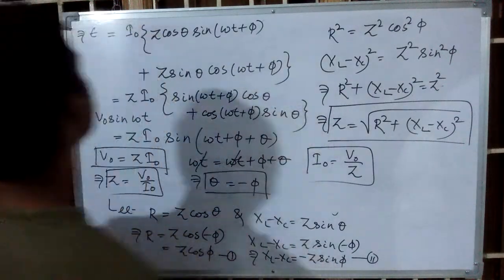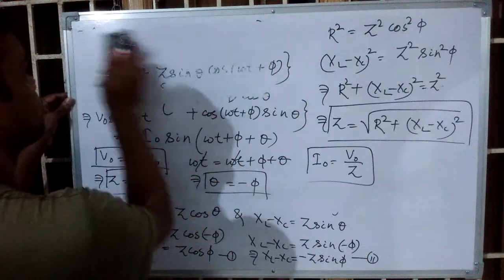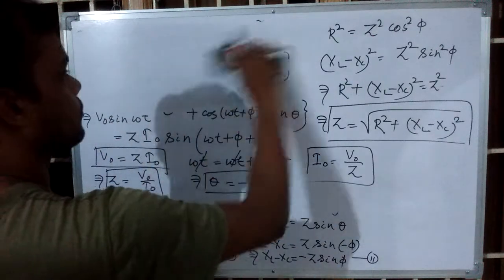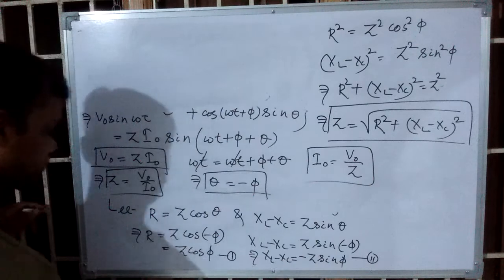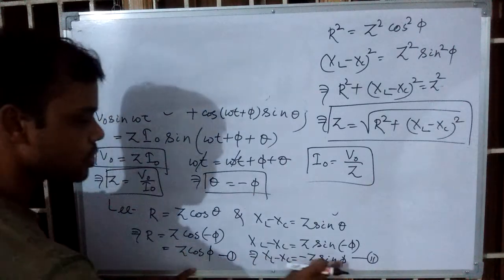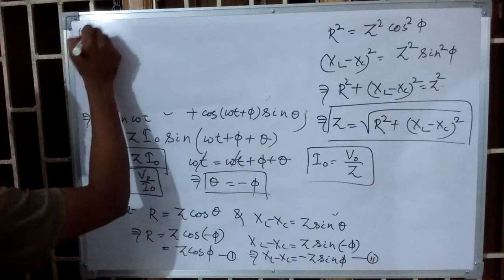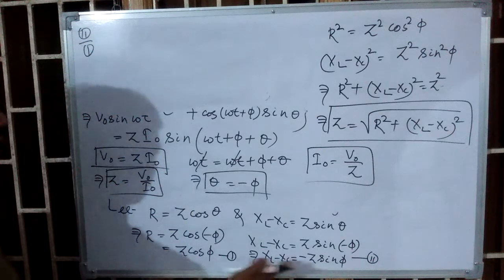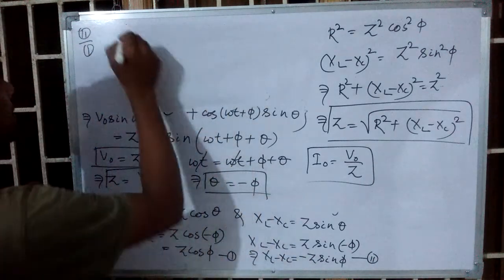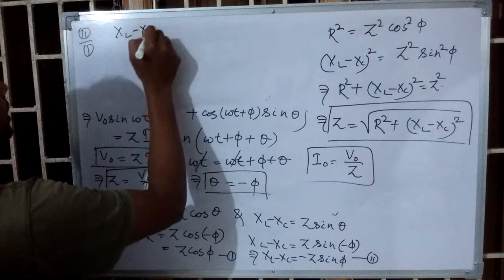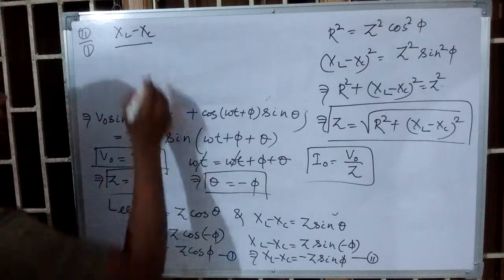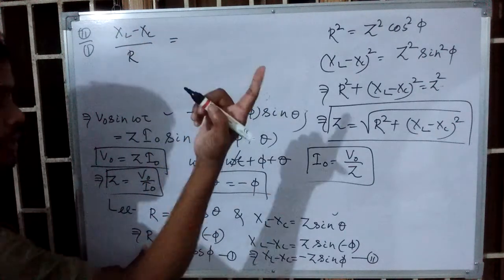Very simple. What is the value of phi? Divide equation 2 by 1. Equation 2 by equation 1. Equation 2 is XL minus XC divided by R, left by left, right by right.